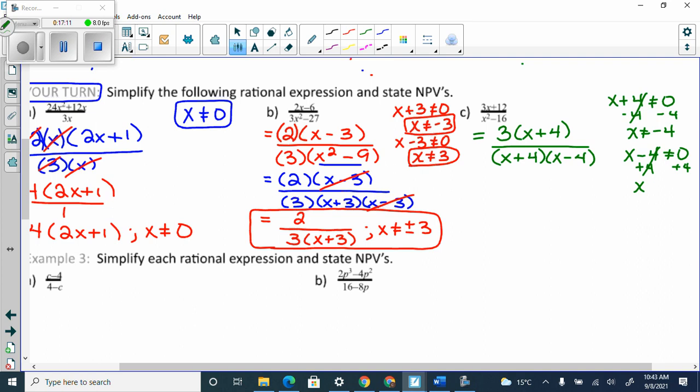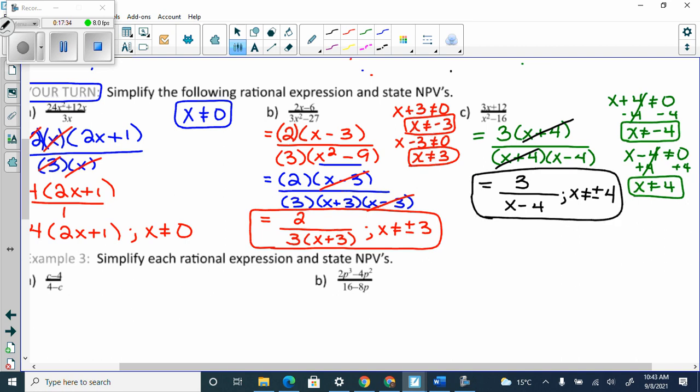X cannot equal 4. Now, because I stated my NPVs, I can cancel. X plus 4's cancel, and I'm left with 3 over x minus 4. X cannot equal plus or minus 4.